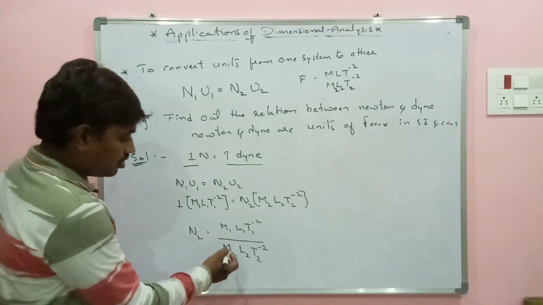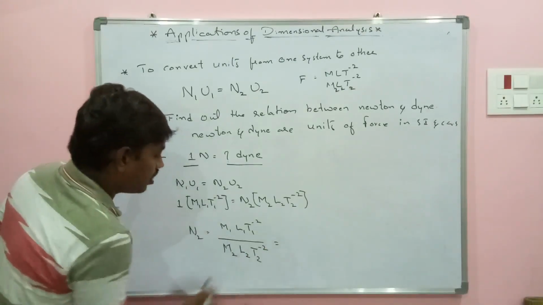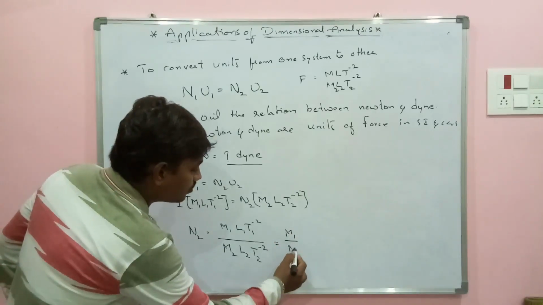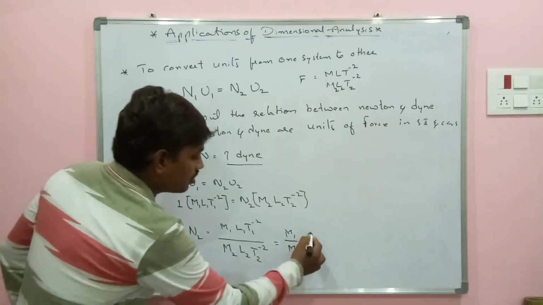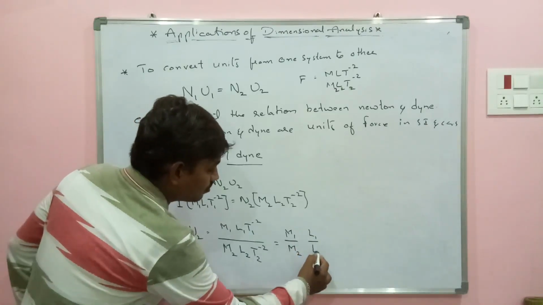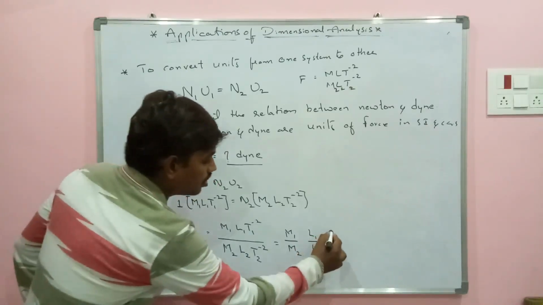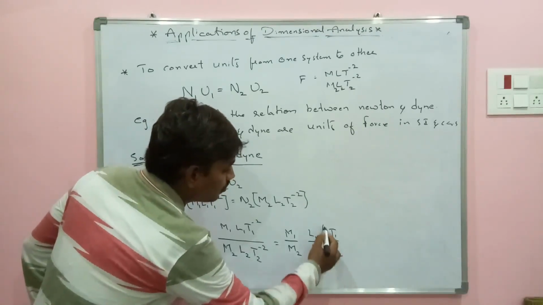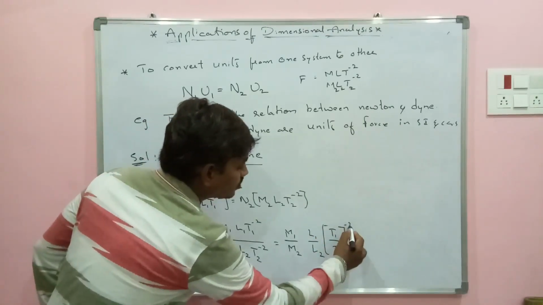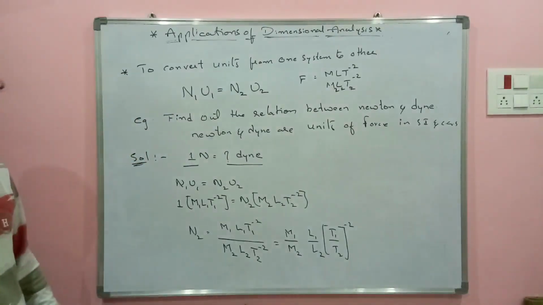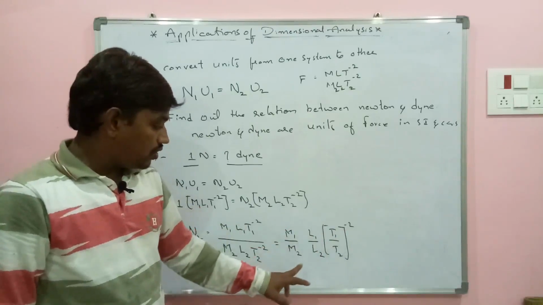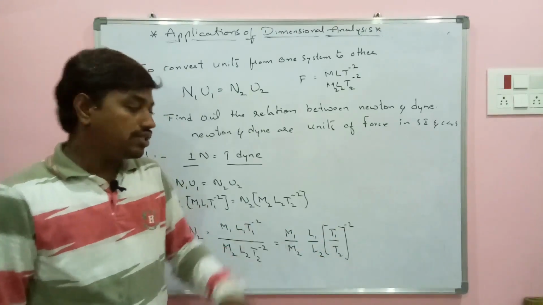So here I can write this equation as M1 by M2, L1 by L2 and T1 by T2, whole to the power of minus 2. And I already told you that M1, L1, T1 are SI units and M2, L2, T2 are CGS units.